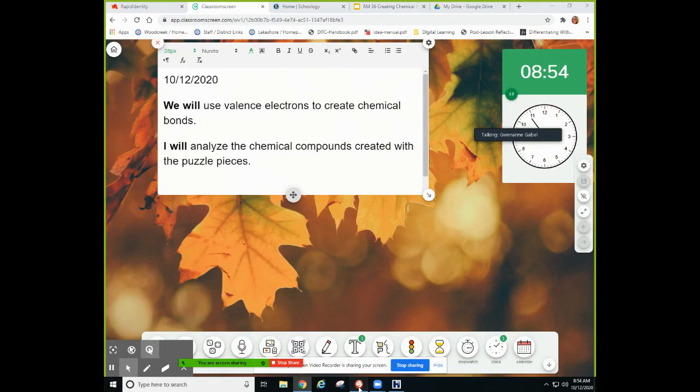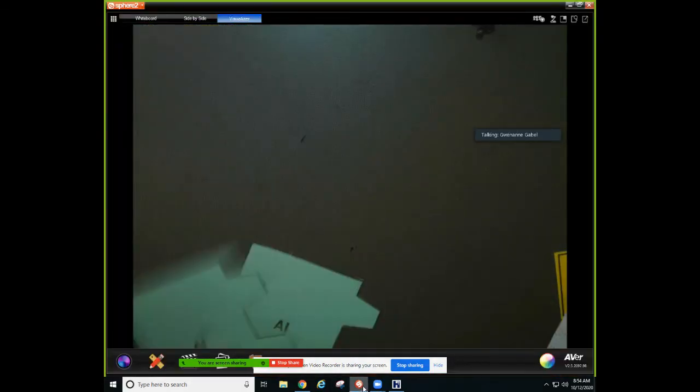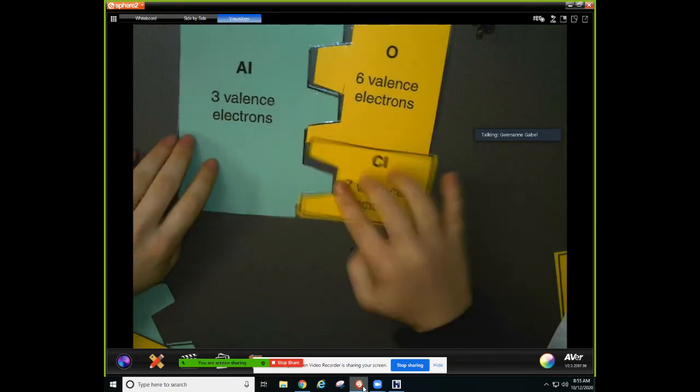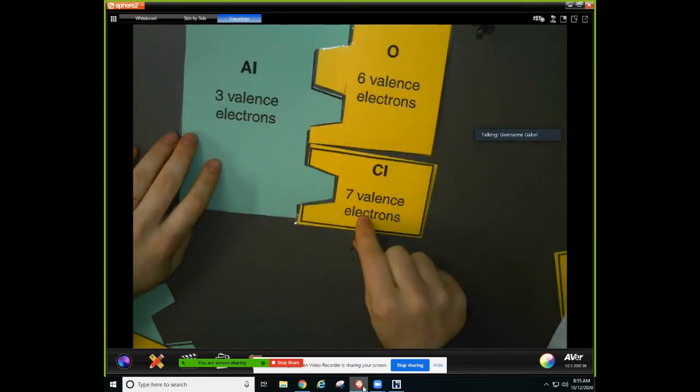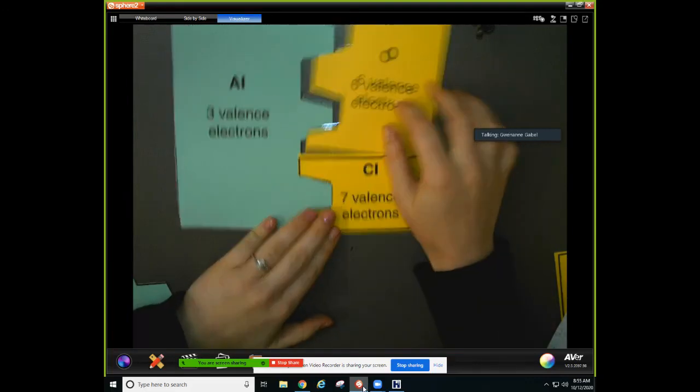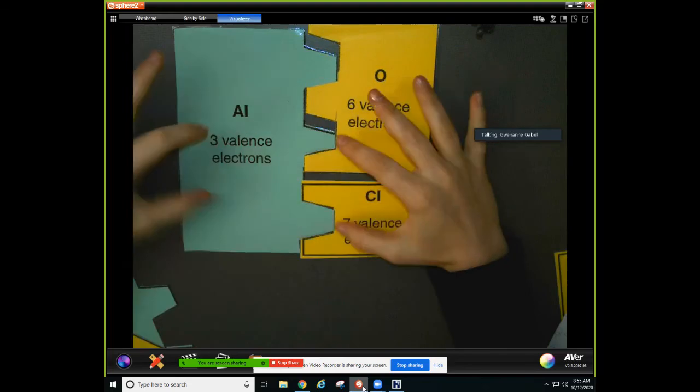Okay, so the question was, how did the last one equal 8 valence electrons? So let me just show you with one version. Aluminum has 3 valence electrons. It gives 1 to chlorine, and it gives 2 to oxygen. So it has 3 to distribute.